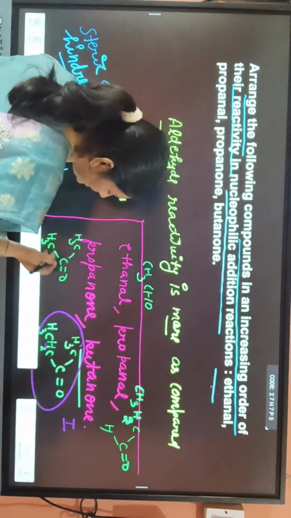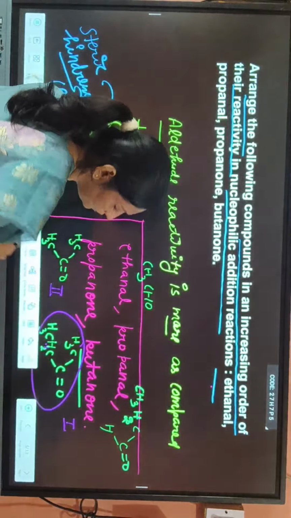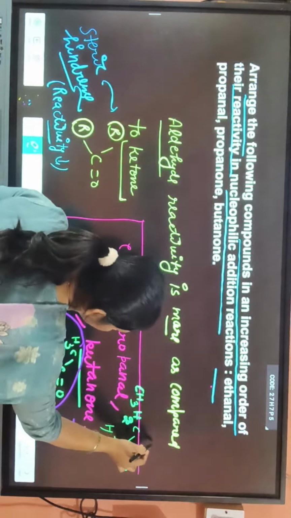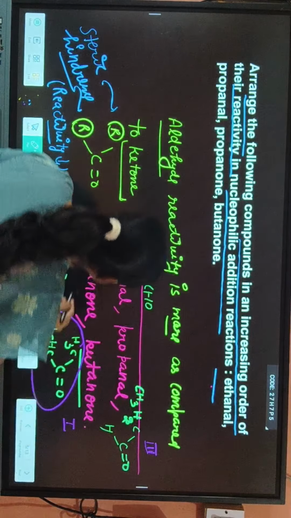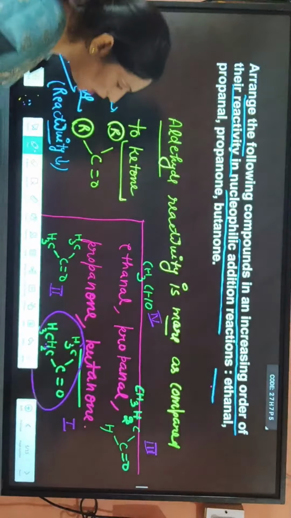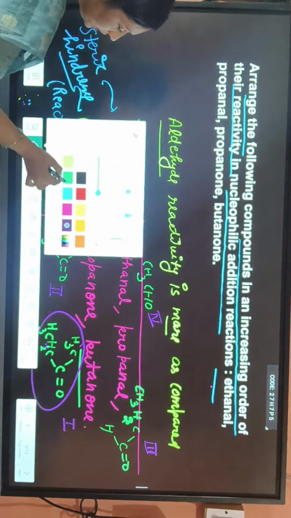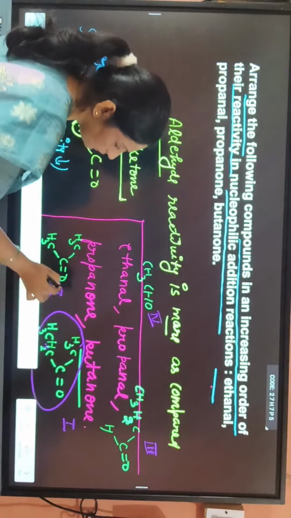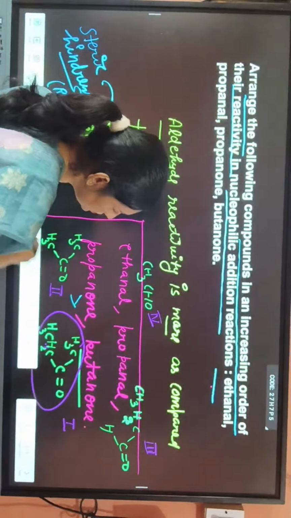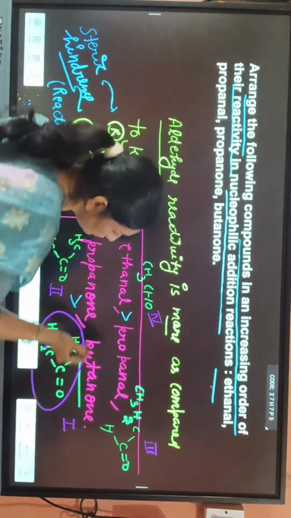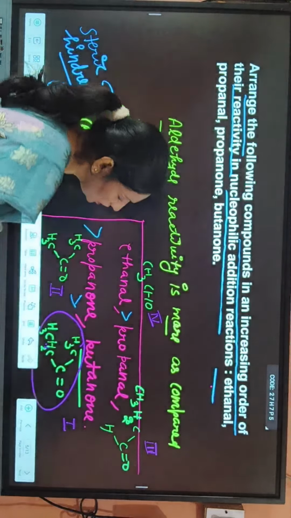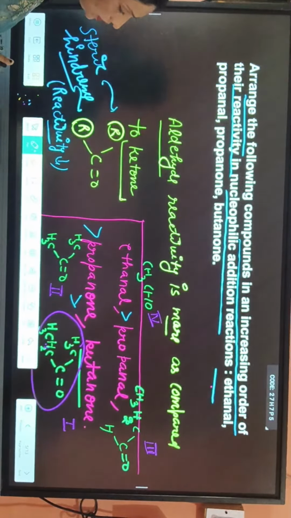After that, it has two alkyl groups, so at second number its reactivity, then this third one, and at last this one is highly reactive. We have written decreasing order.